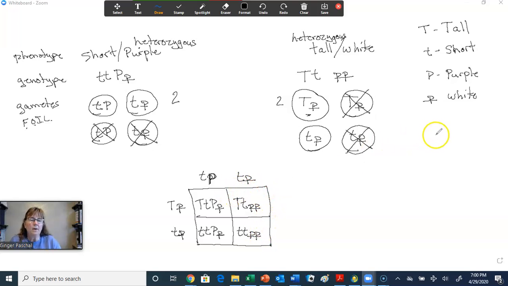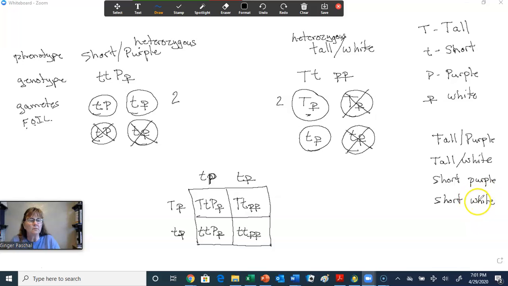Now, talking about our combinations, we can have tall purple. We can have tall white. We can possibly have short purple or short white. Now, when we look at this, we need to look and see how many of each we've got.